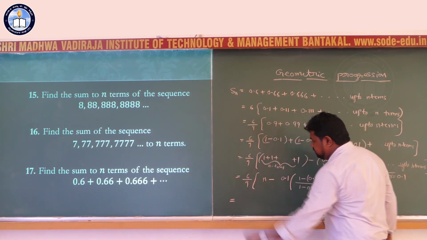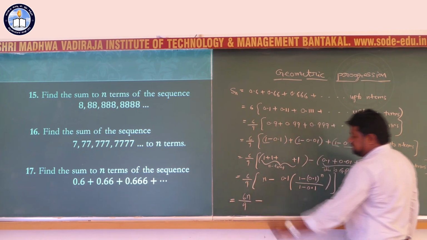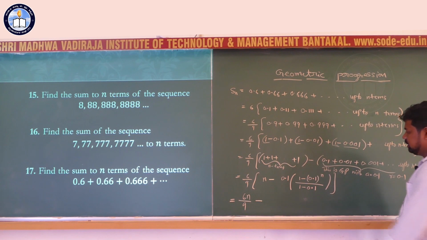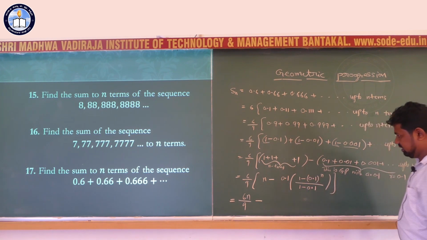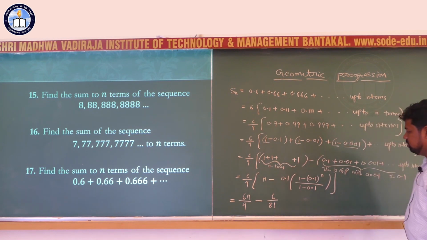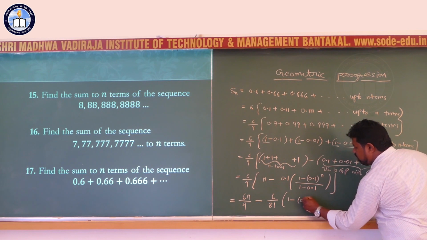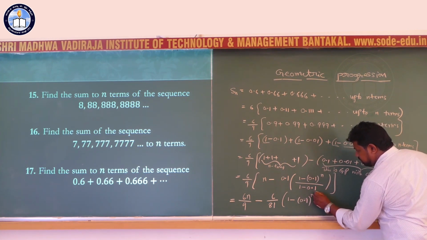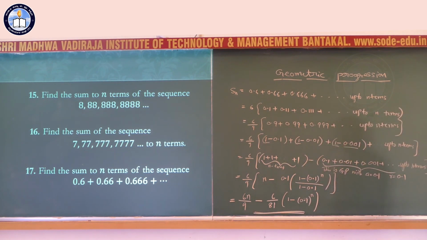After simplification, we get 6n by 9 minus 0.1 by 0.9, that is 1 by 9. Therefore, 6 by 81 into 1 minus 0.1 power n. That is the sum of the first n terms of the given sequence.